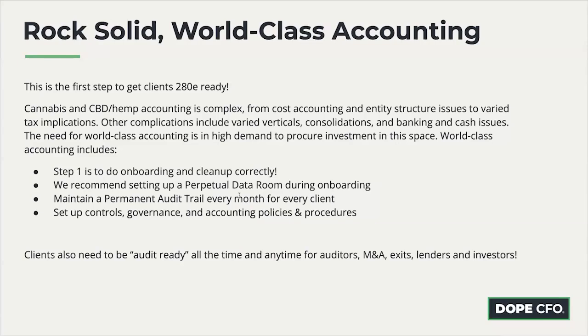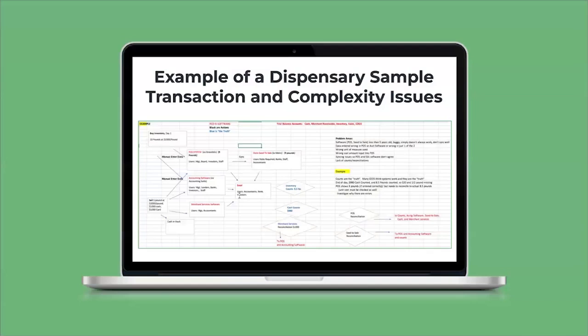We build a permanent audit trail for every month. That means tick marks, tie outs, every balance sheet account, journal entries, documentation of why and what for journal entries, setting up controls and governance as well. This will benefit the business every which way to do this first. This is before we even talk about refunds or M&A or exits or whatever.